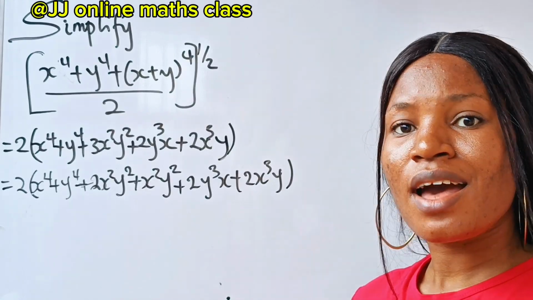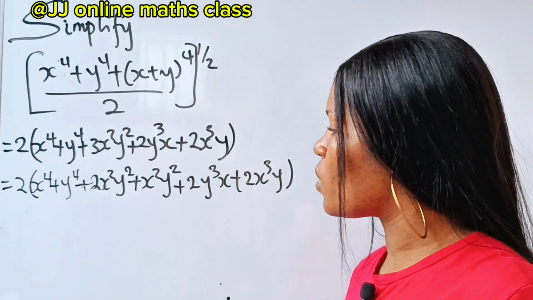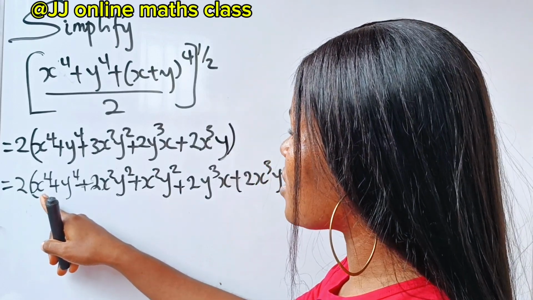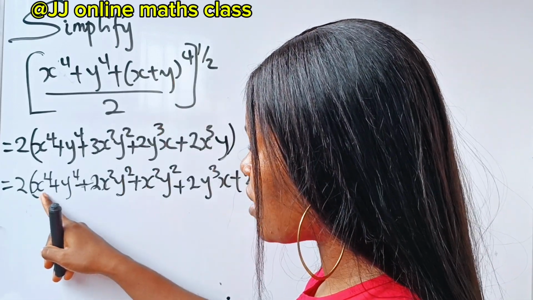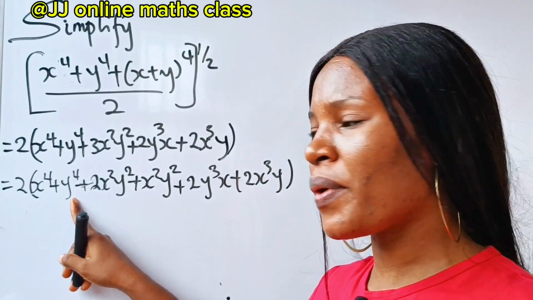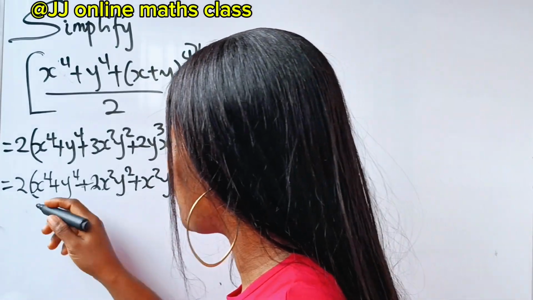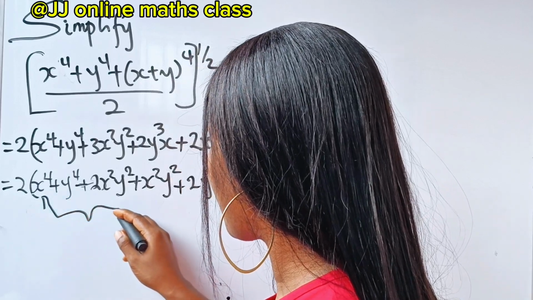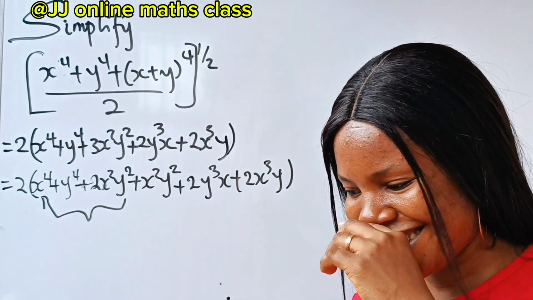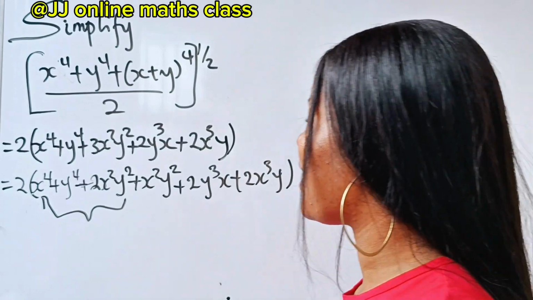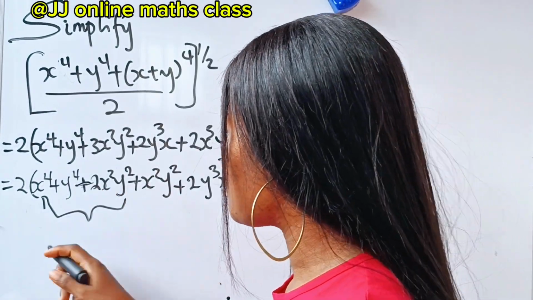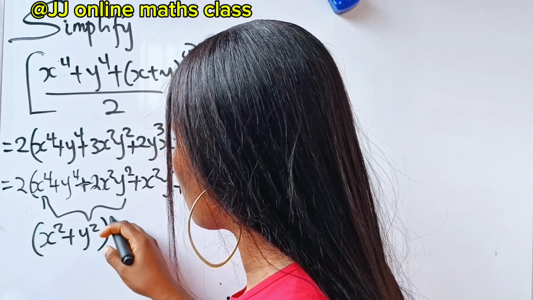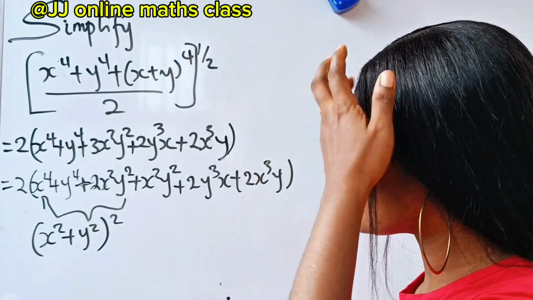Okay, perfect. Now there's a reason why I did what I just did. Because if you call our A x squared and our B y squared, you notice that from here to here, that means this place is same thing as x squared plus y squared all squared. Why?